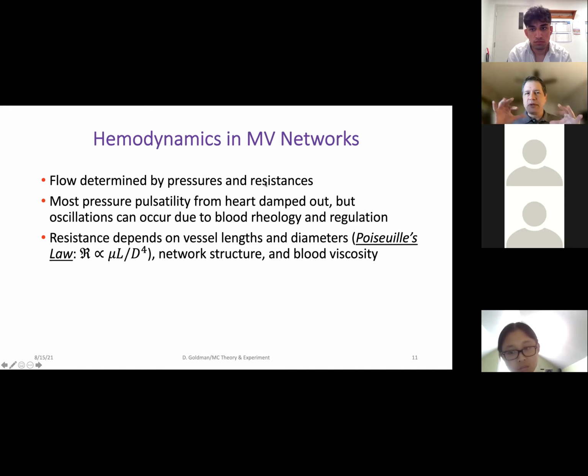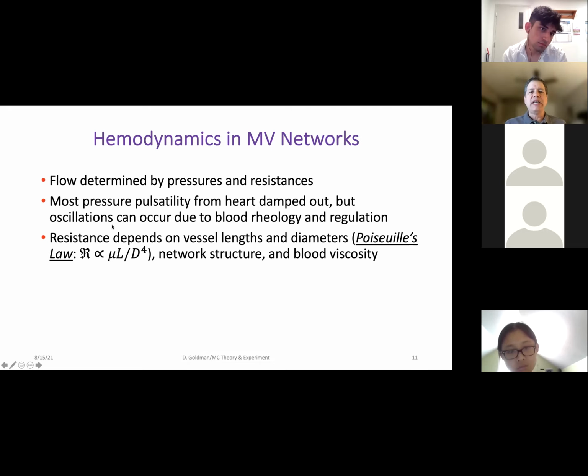So if you have your network structure and you have your pressure boundary conditions and the resistances of all the elements, you can find the flow distribution, okay? And now one thing that's different about the microcirculation is that pulsatility from the heart is mostly damped out, right? So in arteries, larger arteries, you have these oscillations in pressure that come from the heart. But in the microcirculation, for the most part, this pulsatility is gone, okay?